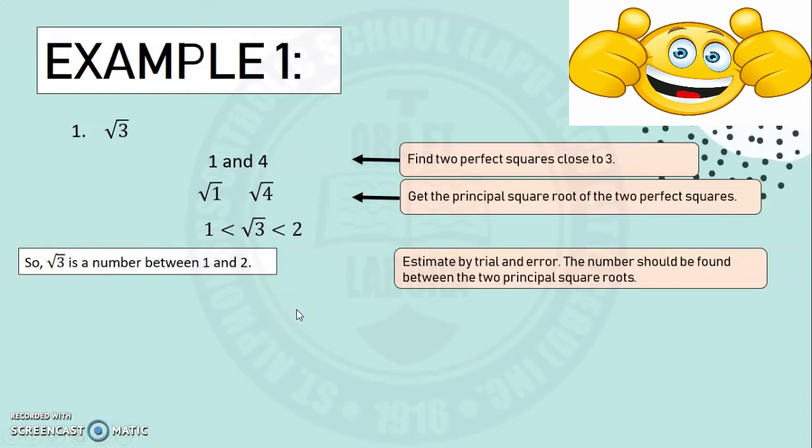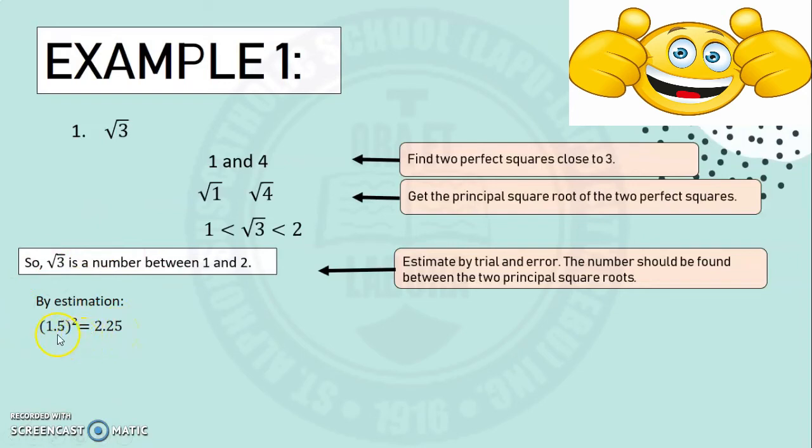These are the numbers that are found between 1 and 2. So let's try 1.5. By estimation, 1.5 squared, we will square the number. 1.5 squared means 1.5 times 1.5, and that is equal to 2.25.